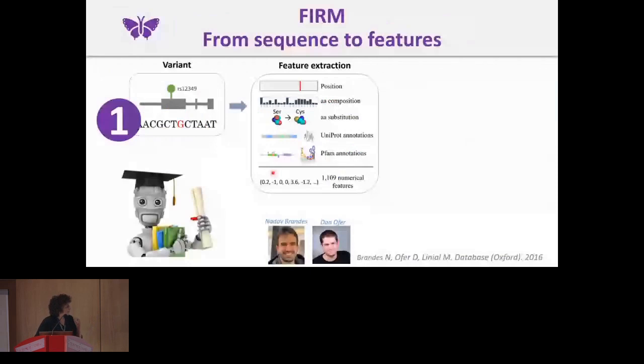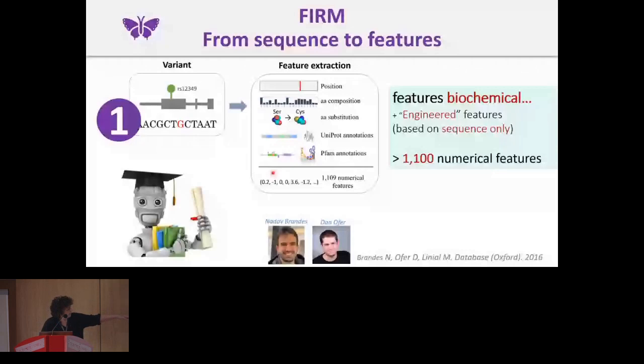Okay, what's FIRM? FIRM was extracting features from everything that we know about protein biology. We basically downloaded the UniProt resource of humans, only humans, and extracted over 1,000 numerical features. Many of the features we engineered. So if you want to ask me how and why, it's also published, but this is an important part of this engineering business. And this was done by Nadav Brandeis and Dan Ofer.